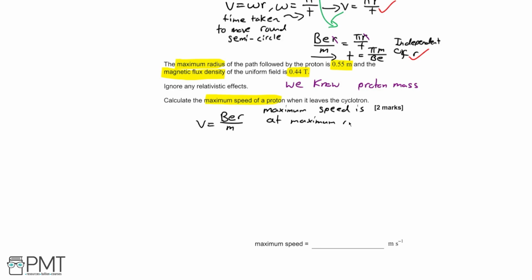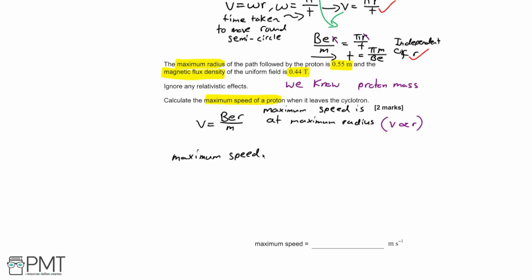This is because the radius is directly proportional to the speed, as we see from this equation. So v is directly proportional to r. Therefore, we can calculate the maximum speed just using the numbers given in the question.